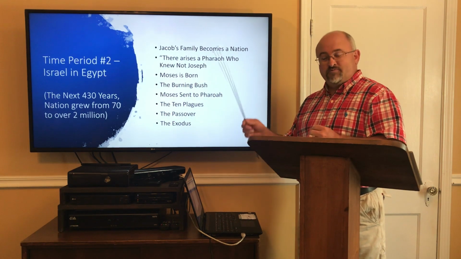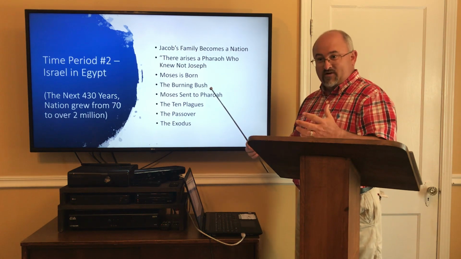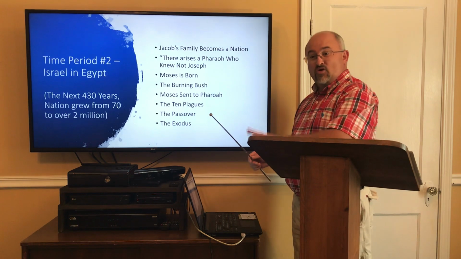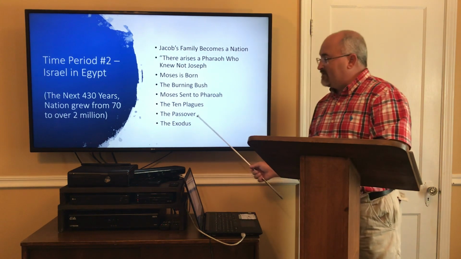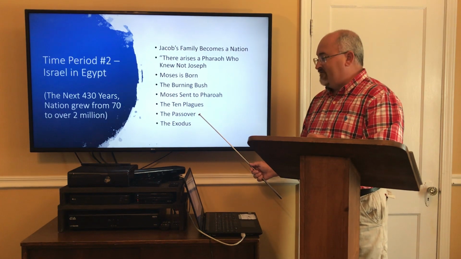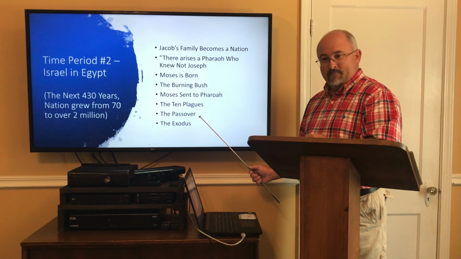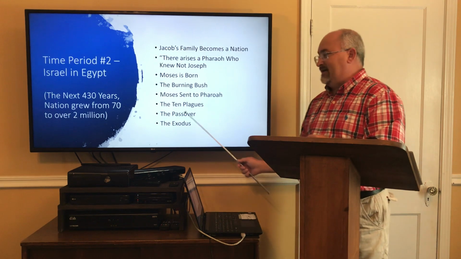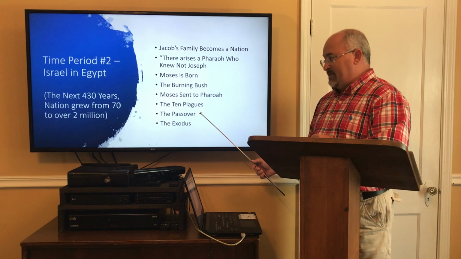They put the lamb's blood over their door facings on the last night they were in Egypt, and the death angel would pass over, and the firstborn of every household that had the blood applied would live. Every household that did not have the blood applied, including Pharaoh's son, would die. Okay, and so a lot of firstborn died in Egypt on this particular night, the Passover.